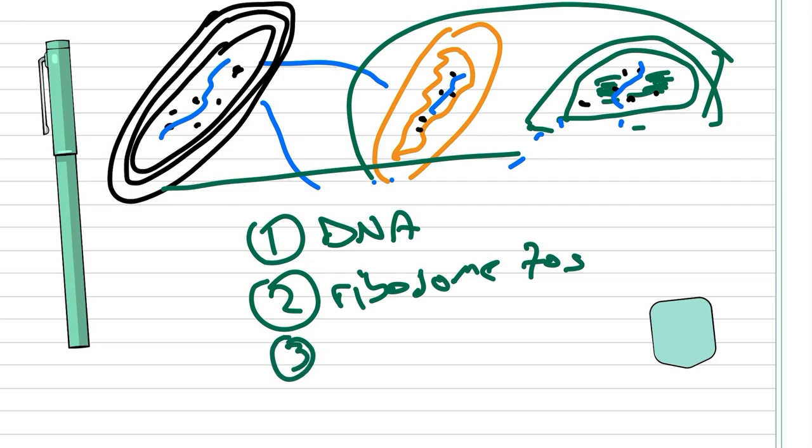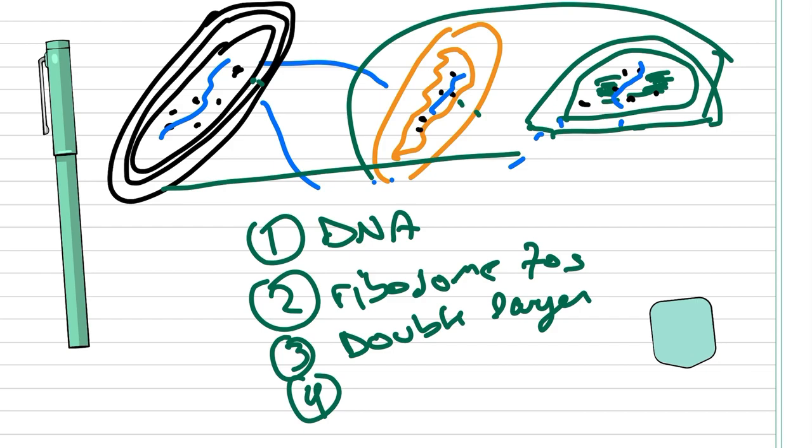Third, they all have a double layer. As you can see right here, right? Double layer right here. There's a double layer. Fourth, they are all susceptible to being killed by antibiotics, right? Because we know the antibiotics are used to kill bacteria. But guess what? They can also kill mitochondria and chloroplast.